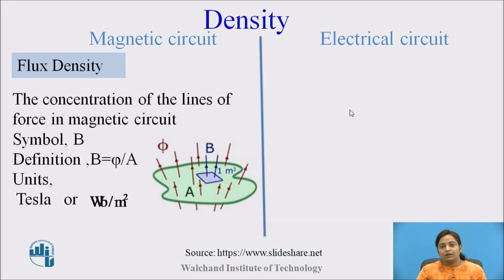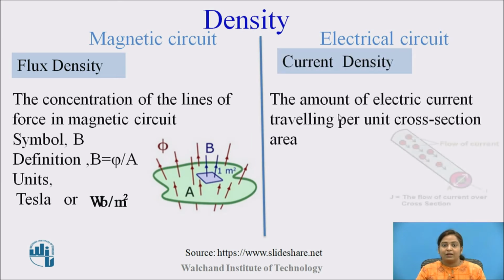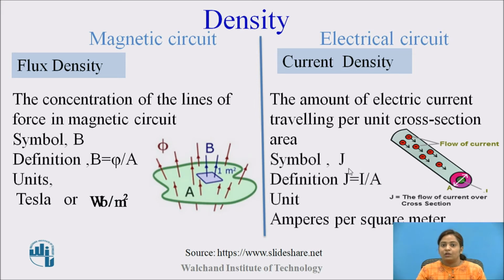Now coming to the electric circuit, the current density is defined as the amount of electric current traveling per unit cross sectional area of that conductor. It is denoted by capital J, and it is defined as I by A, where I is the current flowing through that conductor and A is the cross sectional area of that current carrying conductor. Its unit is amperes per square meter.